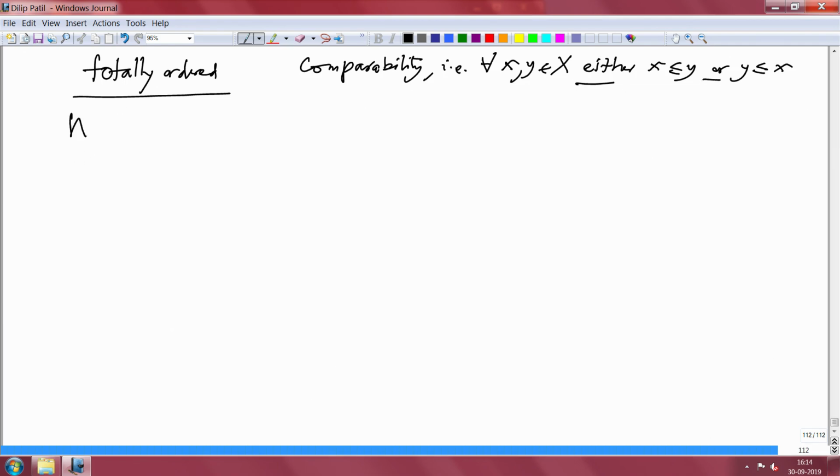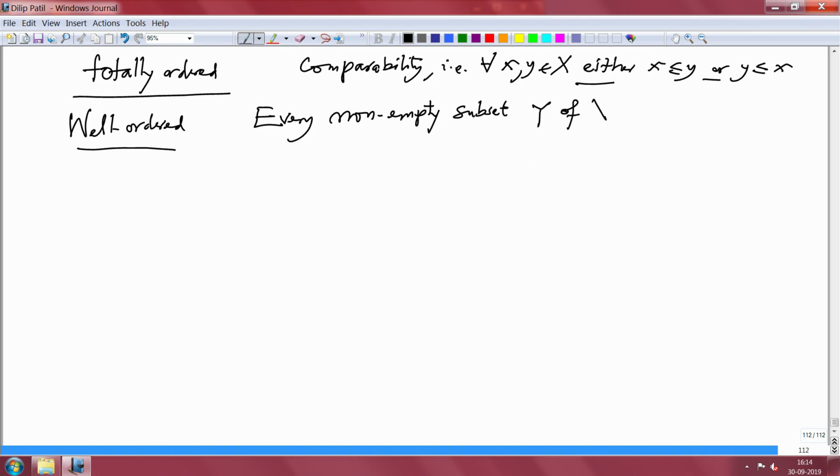Well order means every non-empty subset Y of X has the minimum.